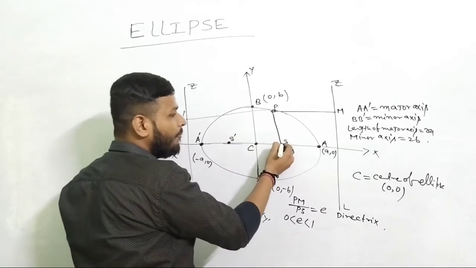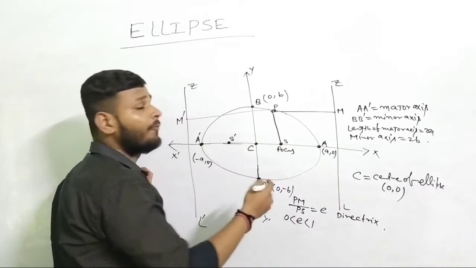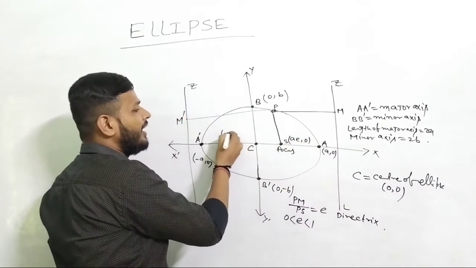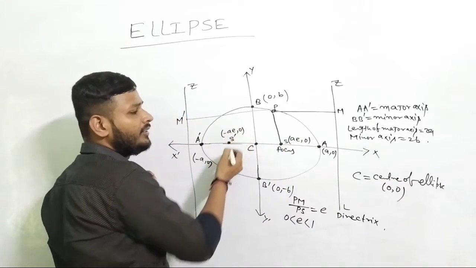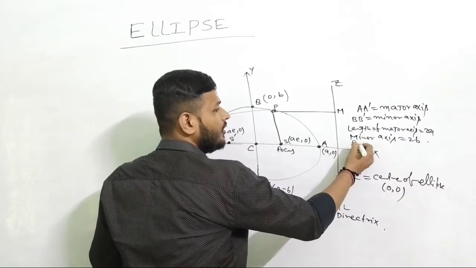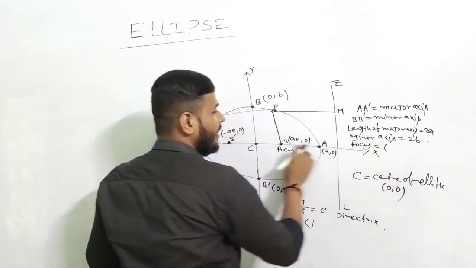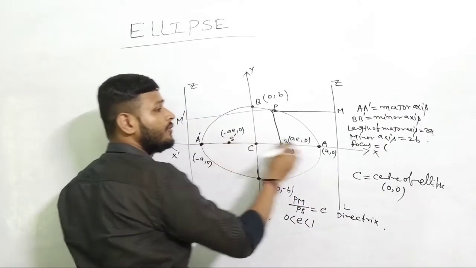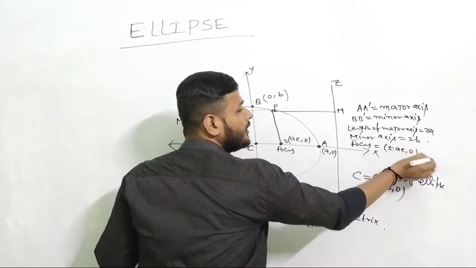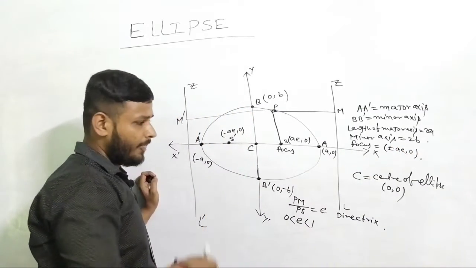Here, the coordinates of the foci are (ae, 0) and (minus ae, 0). Together we write plus minus ae, 0. This is the coordinate of the foci.